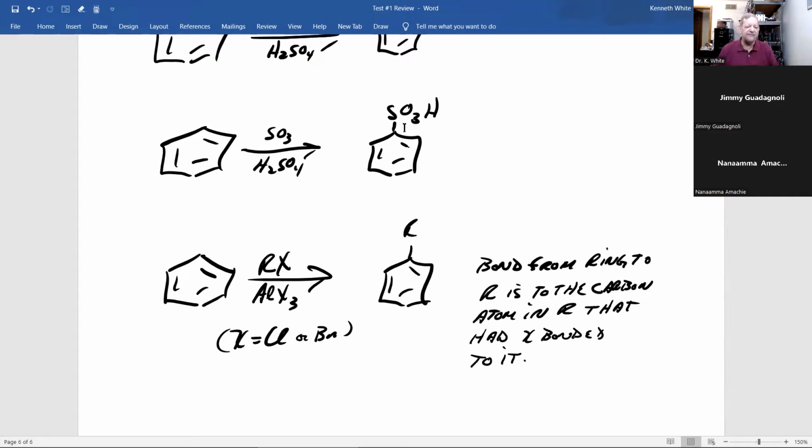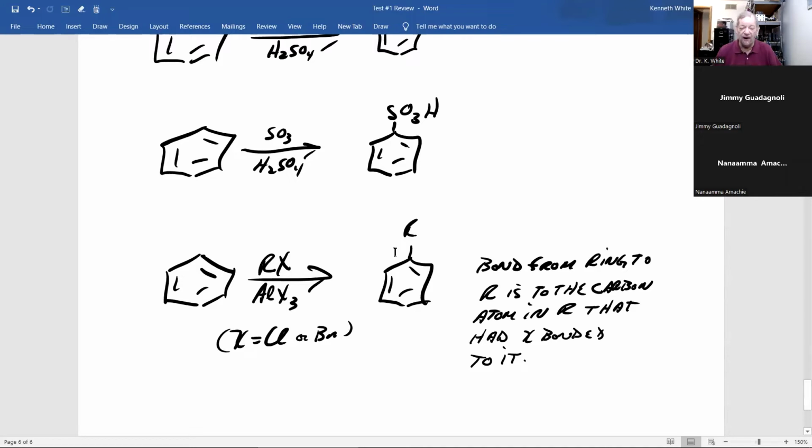And finally, we have benzene reacting with alkyl halide. R is an alkyl group, carbons and hydrogens, and X is a halogen. This is called Friedel-Crafts alkylation. You need aluminum trihalide, where X can be chlorine or bromine, and you do something very special.